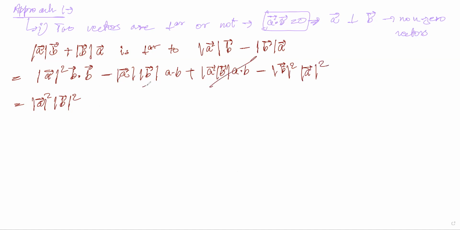So they get cancelled with each other. We have to show the dot product of both of these vectors is 0, which is the case here. Hence, these two vectors are perpendicular.